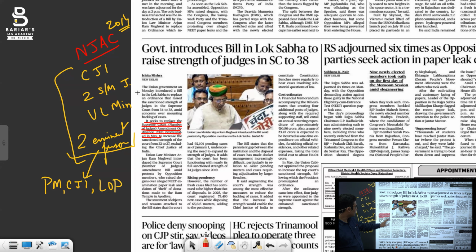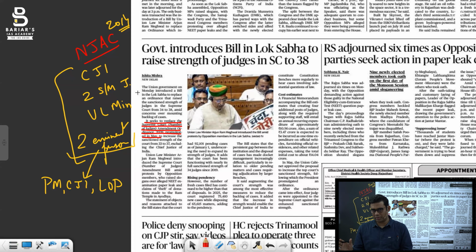First, from this news, we'll talk about the current sitting capacity of the Supreme Court. How much is it? Current is 34: CJI plus 33, so including CJI, 34 is the current capacity. Then we dealt with Article 124.